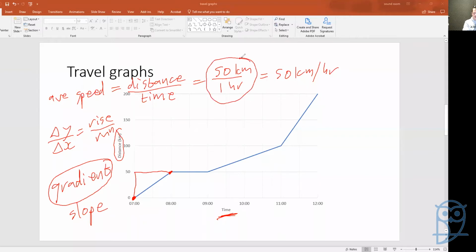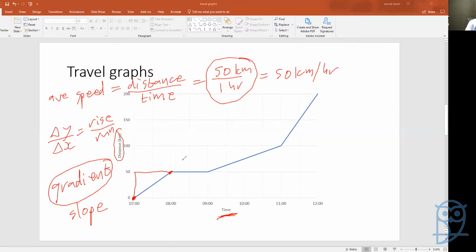That is my calculation. So that's all it is. So my speed is actually the gradient of my distance time graph. Well, that's going to come in handy later when we come to our speed time graphs. We're going to see how all of this is actually related.